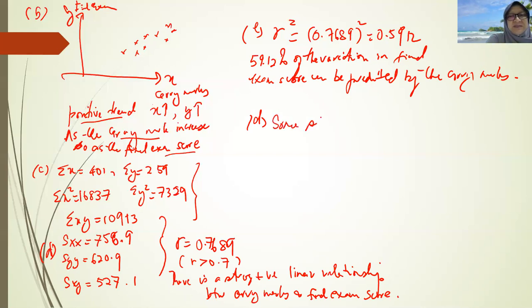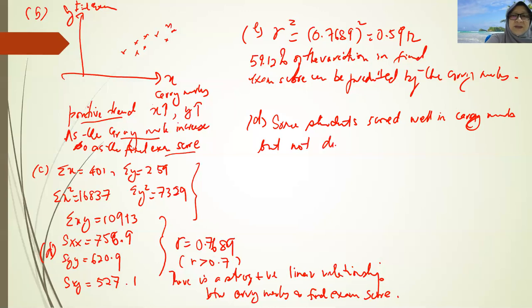So some students scored well in carry marks but did not do well in the final exam. For example, student number 1 and number 9.